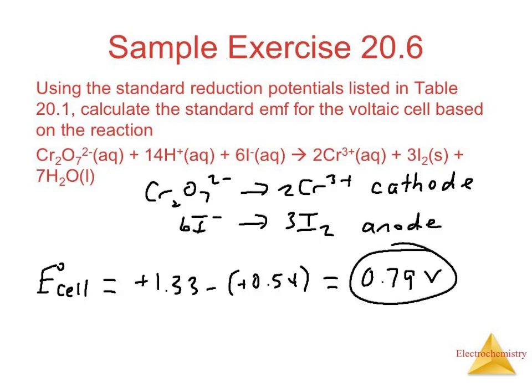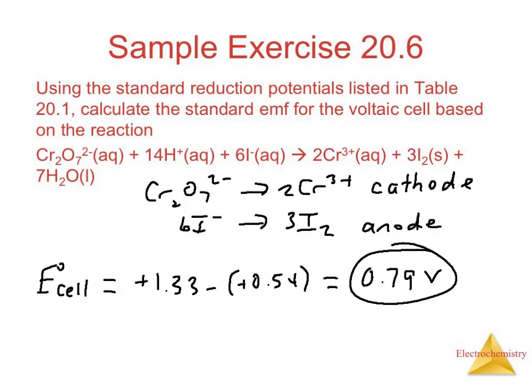Now this is important, okay? I know there's some coefficients there, and I know you're going to think, well, do I multiply this thing by 3 because there's coefficients, or by 2 because there's coefficients? The answer is no, because remember, this is an intrinsic property. In other words, it's not based on the amount of moles that you have here, okay?